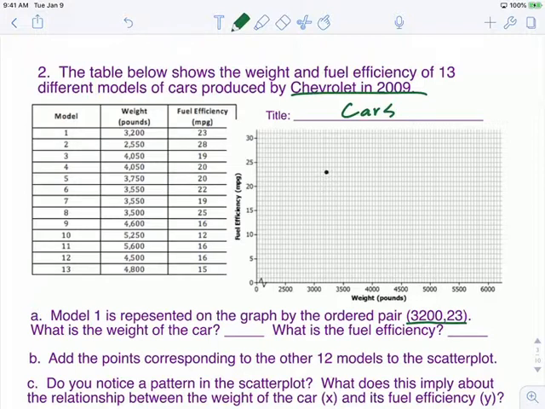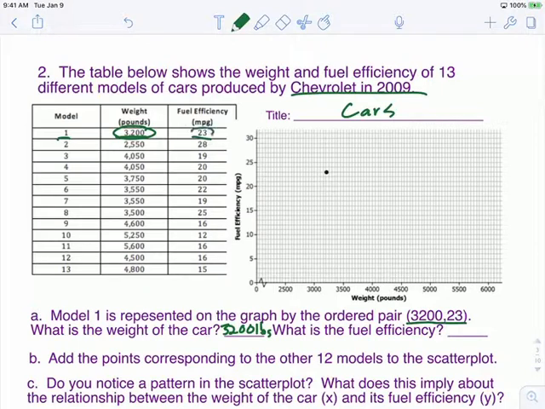What is the weight of the car? Well, Model 1 here is based off of this and this, so that's where I'm getting my ordered pair from. What is the weight? Well, the weight is given to us right there, so that is 3,200 pounds.